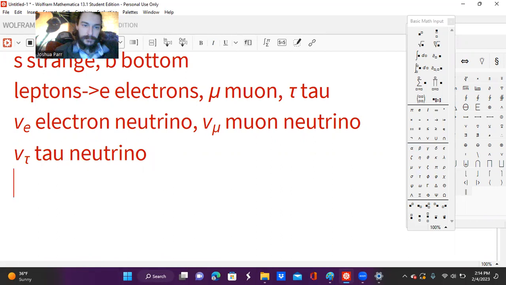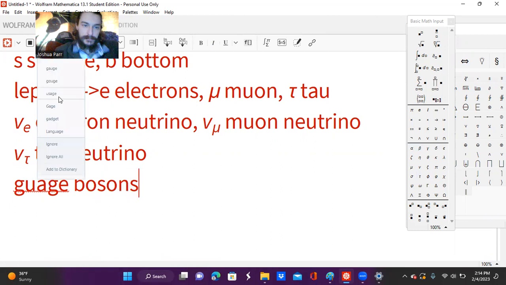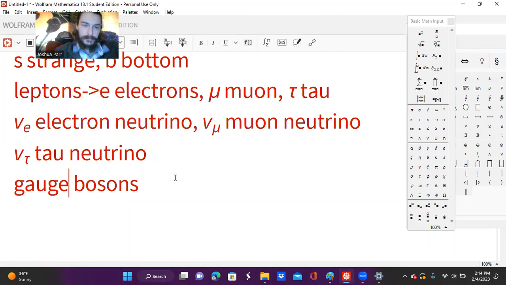Now we have some gauge bosons. And that's G gluon.